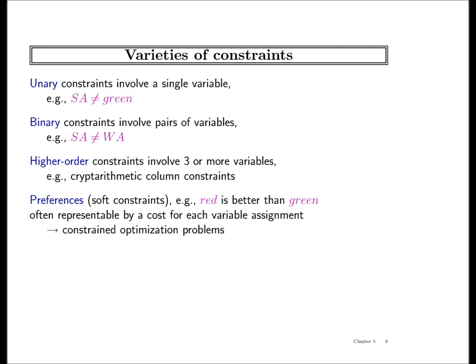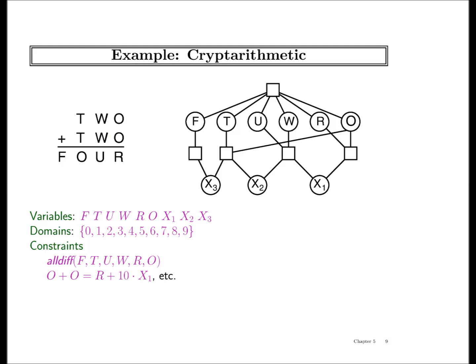Actually more than 6 variables. Okay, so in order to make this work, the domains are all 0 to 9, and there's an all-diff constraint which says that T, W, O, F, U, R all have to be assigned different values. But then you have to talk about the constraint which is that the sum of this and this letter is this letter and so on.